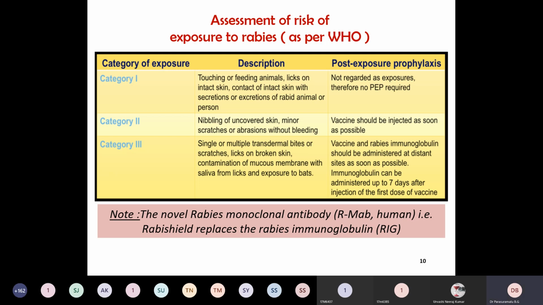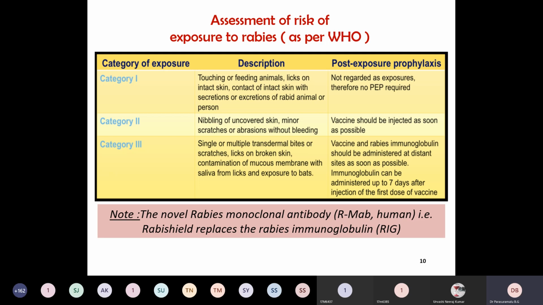Now, regarding active immunization, the intramuscular or SN regimen, active immunization is done with the anti-rabies vaccine. Here we have different regimens. The intramuscular regimen is otherwise known as the SN regimen. Here the schedule consists of administering one dose of vaccine by intramuscular route in the alternate deltoid region.